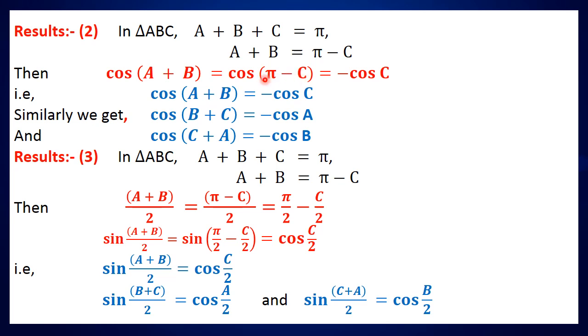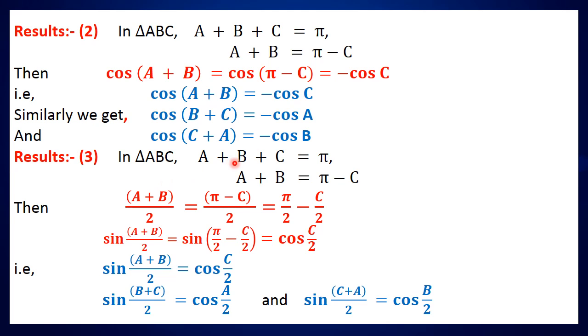In the second quadrant cos is negative, so minus cos C. Now cos of A plus B can be written as minus cos C. Similarly, we can consider the other sums, that is cos of B plus C is equal to minus cos A and cos of C plus A is equal to minus cos B.